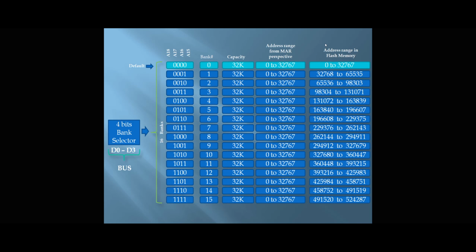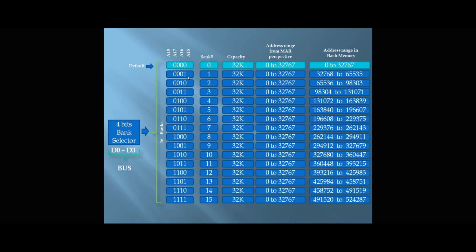From the flash memory's perspective, it's the same, because these most significant bits are all set to 0. Therefore, flash memory also sees that as address 0 all the way to address 32,767.